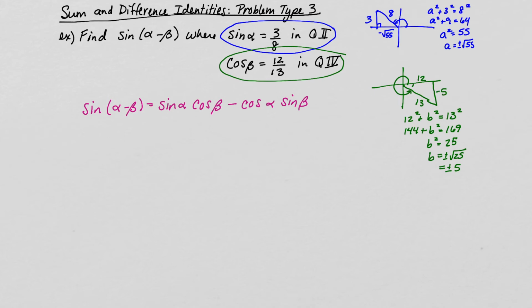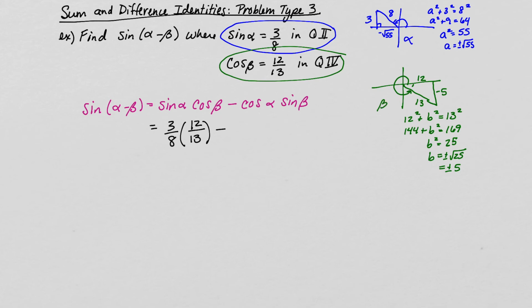So now I have all the parts that I need. I can just read stuff off of these two triangles I made. So we already know the sine of alpha is 3/8. The cosine of beta is 12/13. So the cosine of alpha, remember this graph here is the alpha graph, and this graph here is the beta graph.